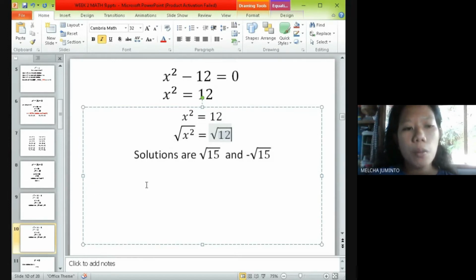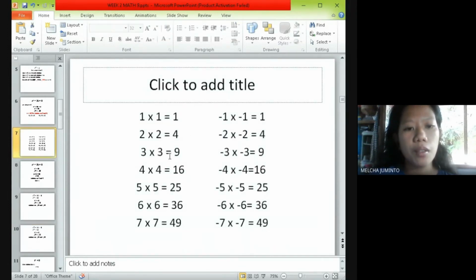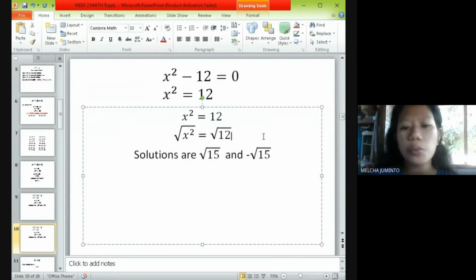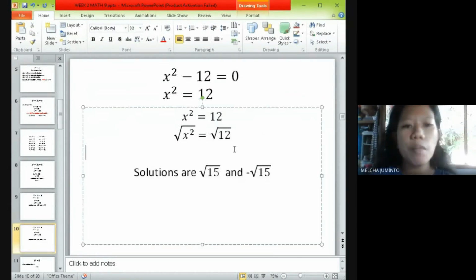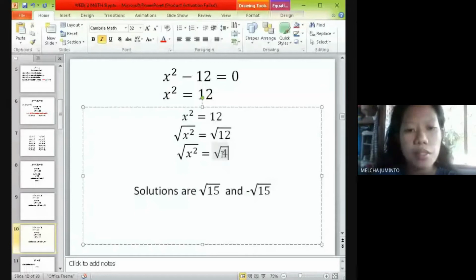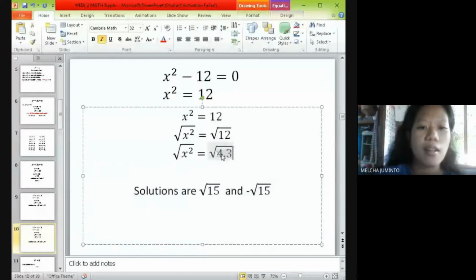So, if we go back to the table, yung table na to, you cannot find 12 dito sa mga square na numbers. Therefore, 12 is not a perfect square. But we can use two numbers which, once you multiply them, the result is 12. I can think of the numbers 4 times 3. Allow me to use an equation.